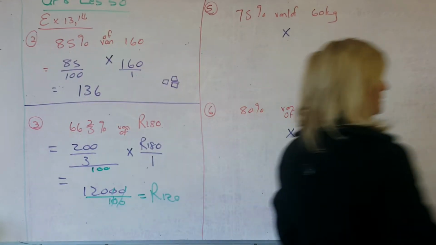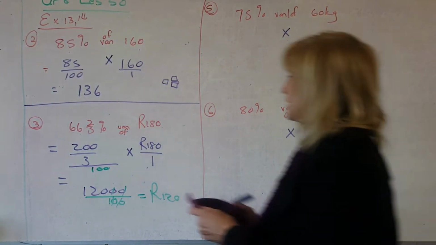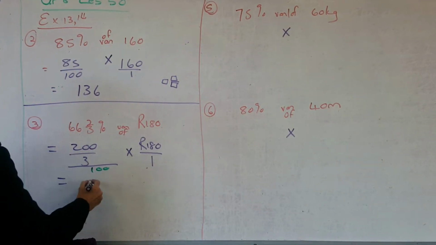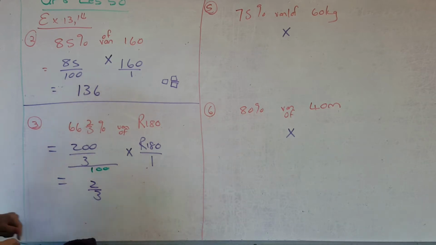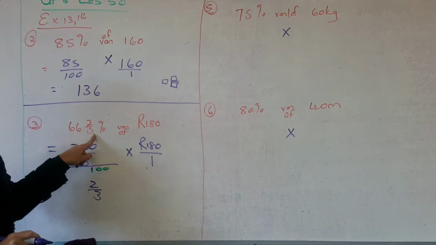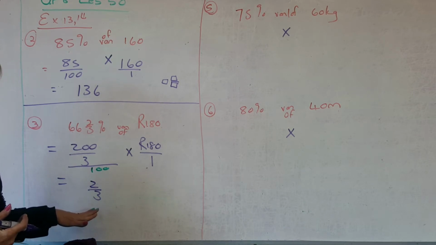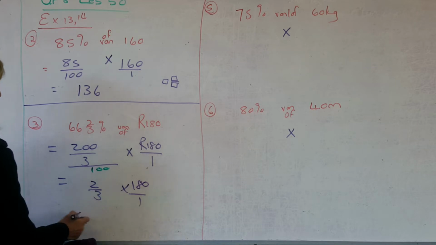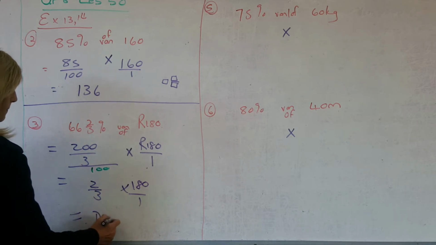Let me write that. Now you can leave it as it is there, or you could have said, well, my calculator says to me that this is 2/3. Now think about it. 66 and 2/3 out of 100 is 2/3 of the 100. En dan maal dit met 180, and now as we've seen already, the answer is 120 rand.